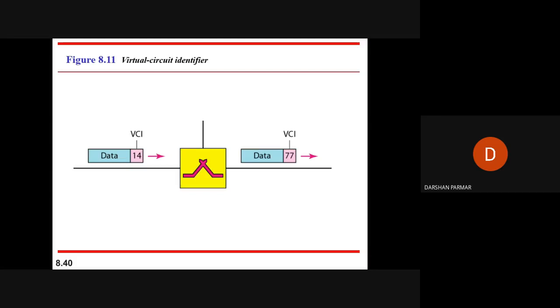Second, we have the local address, or you can say the virtual circuit identifier. This identifier is actually used for the data transfer only. Whenever you want to transfer the data, only then will this addressing be used.